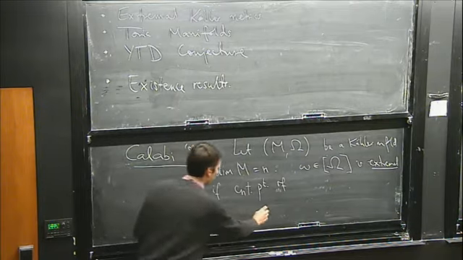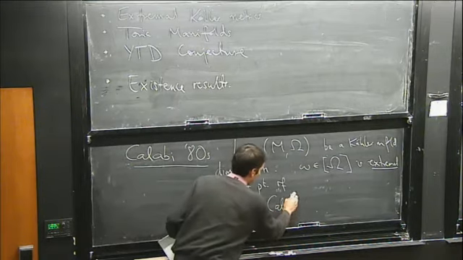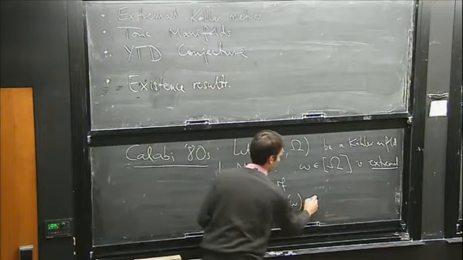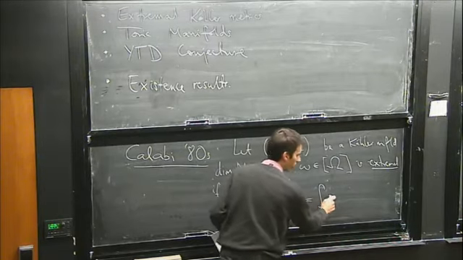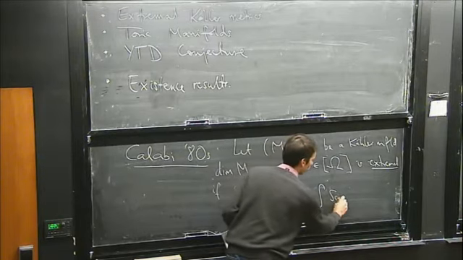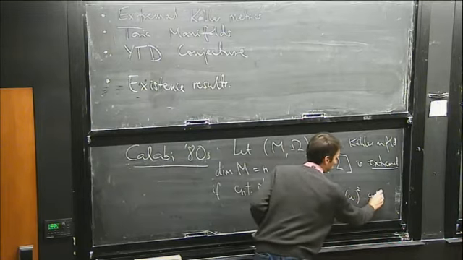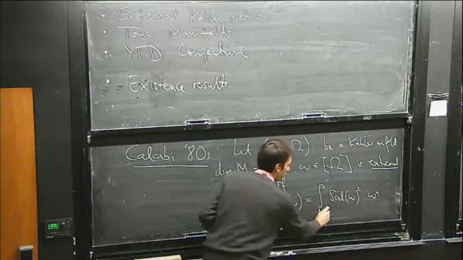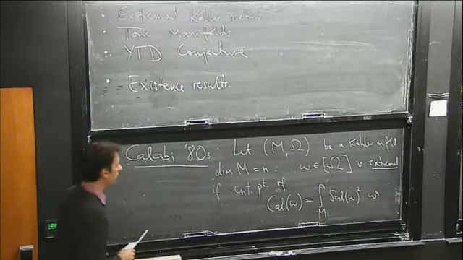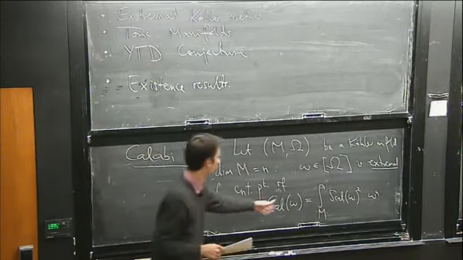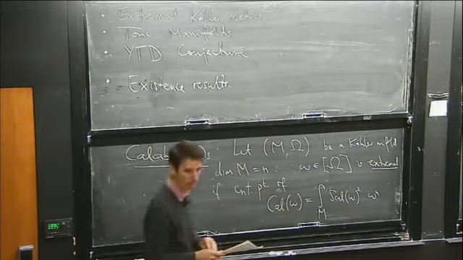Let me write this Cal(ω). This is the integral of the scalar curvature squared with respect to the volume form given by ω. So you want the critical point of this over the Kähler class.